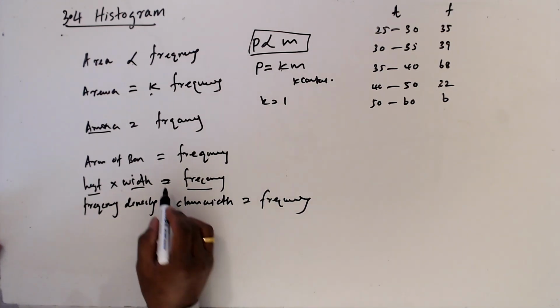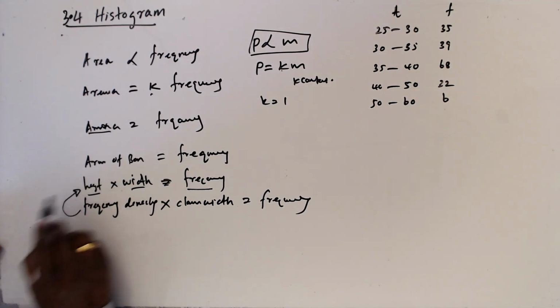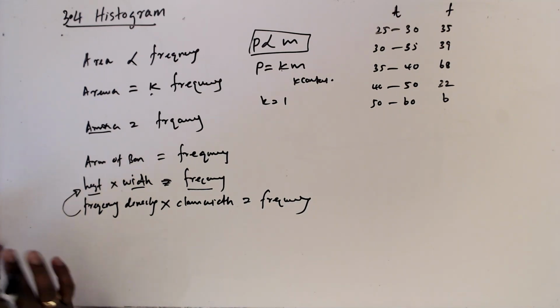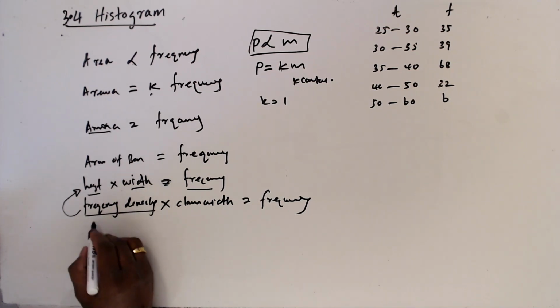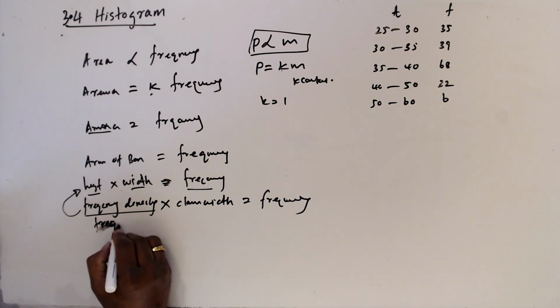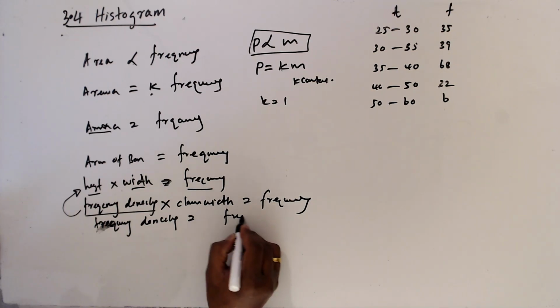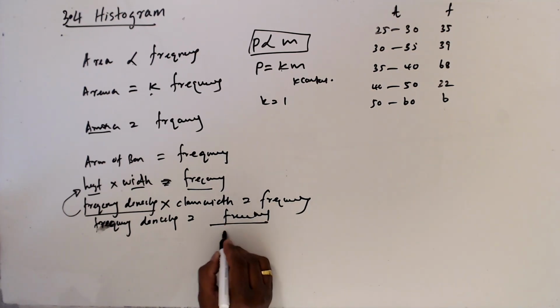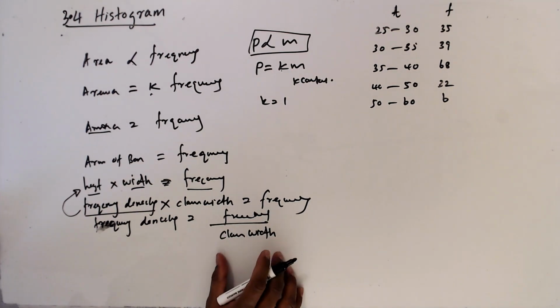When you want to think, just turn frequency density into a height and think, then you will not get confused. In other words, frequency density equals frequency divided by class width.